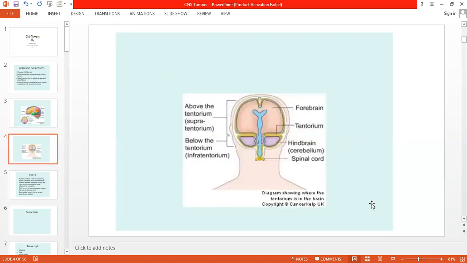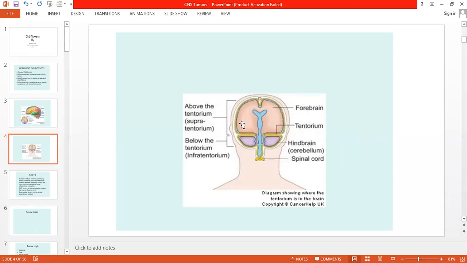Another picture which is important for you to know: the brain is divided into two parts, the supratentorial and the infratentorial. The tentorium cerebelli is the dividing layer; the part above it is also called the forebrain and below it is called the hindbrain.